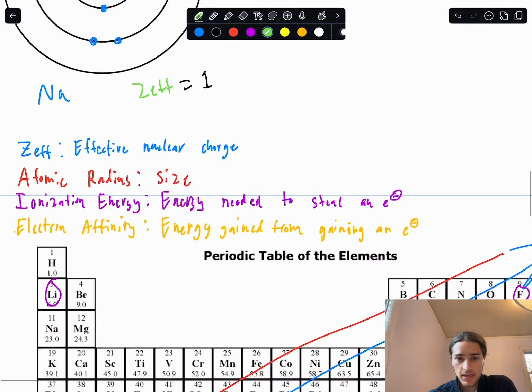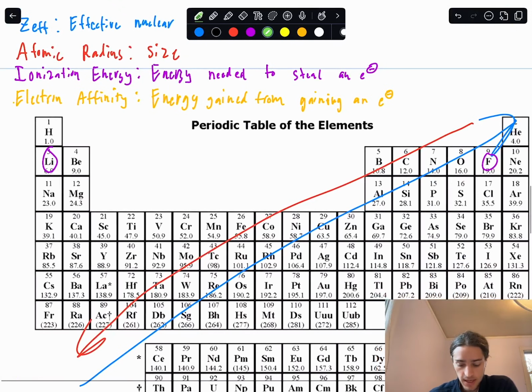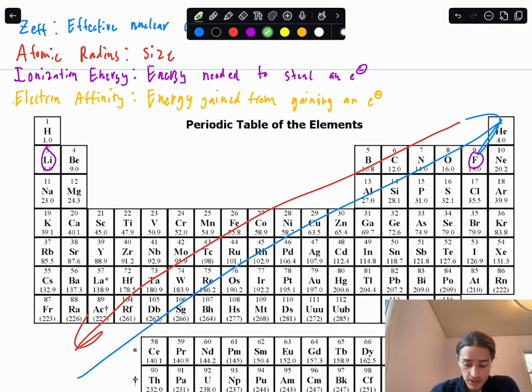Okay, so extrapolating that, ionization energy is going to increase going to the right, because it's going to take more work, more energy to steal an electron as you move to the right. That also makes sense from our effective nuclear charge standpoint, because as you're moving to the right, the effective nuclear charge is going up.